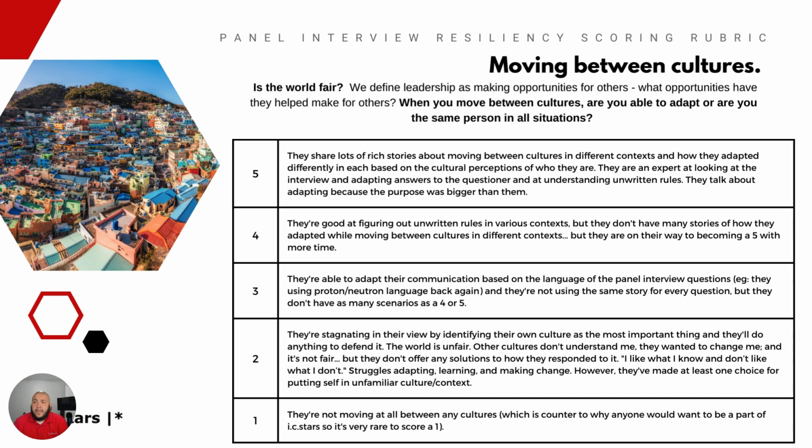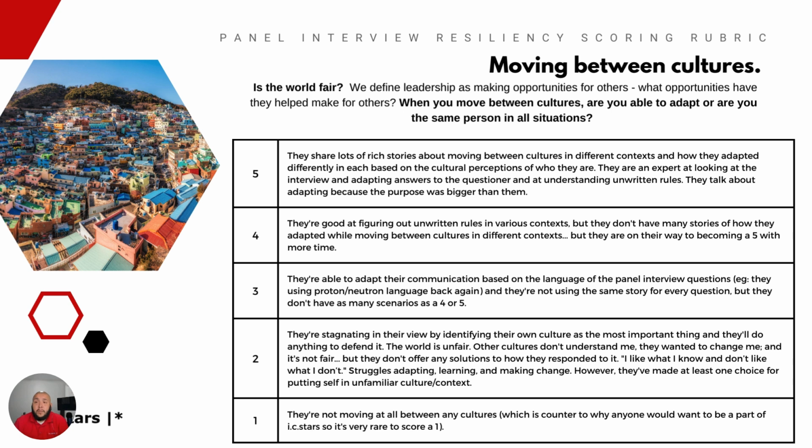If we look at a one, they're not moving at all between any cultures, which is counter to why anyone would want to be part of i.c.stars. It's very rare to score a one. I can't recall a time where I scored a one in moving between cultures, but what I can think of is somebody that stayed in the neighborhood and does not want to go out of the neighborhood.